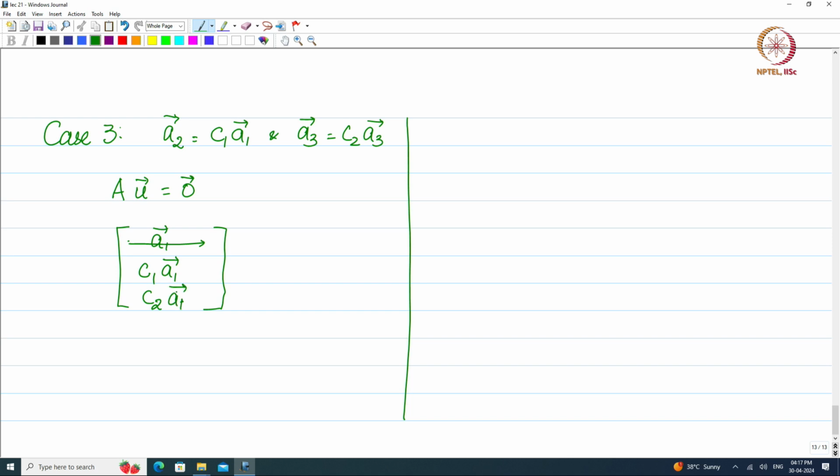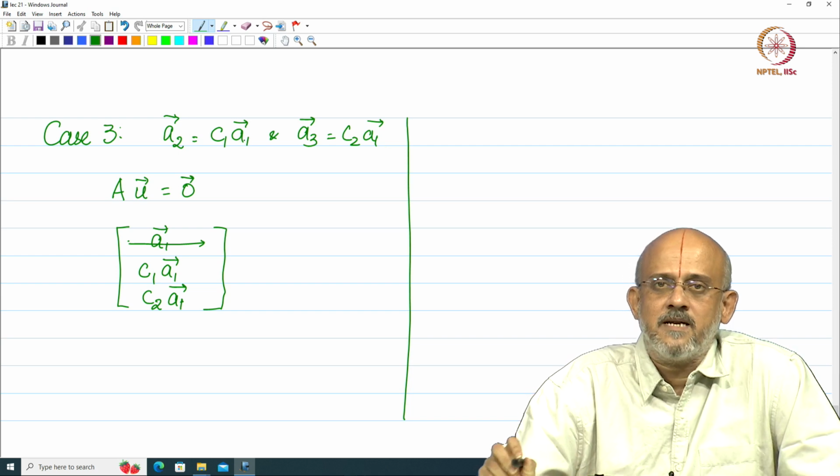If you look at the geometry, since all these 3 vectors are in the same direction, A2 is a multiple of the vector A1 and A3 is also a multiple of A1, which means all 3 vectors lie along the line passing through the origin in the direction of the vector A1.